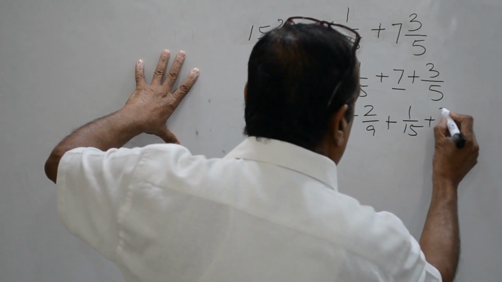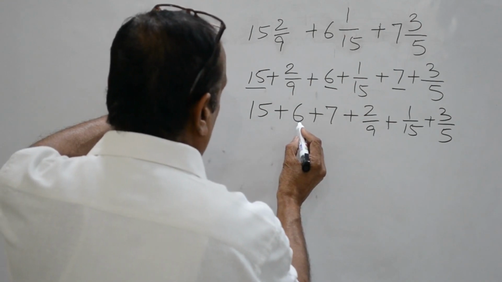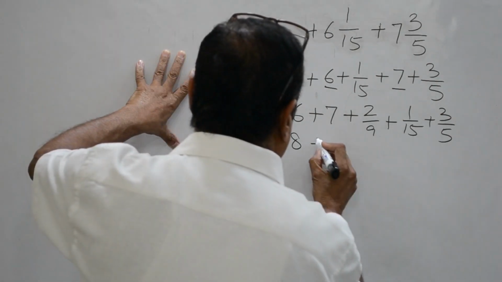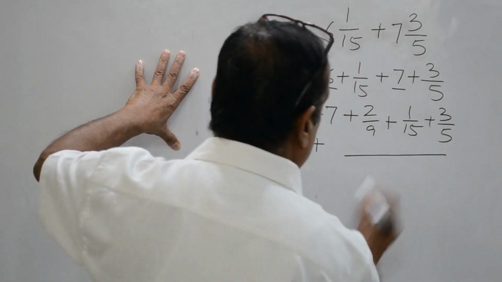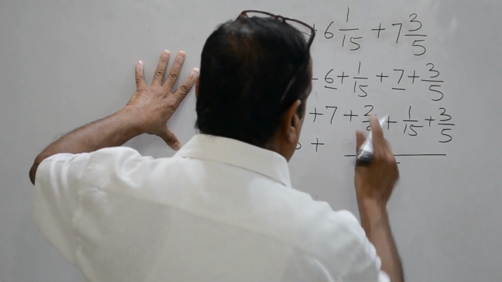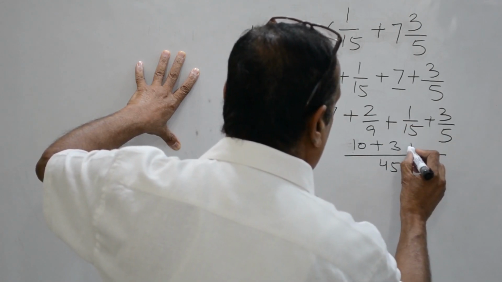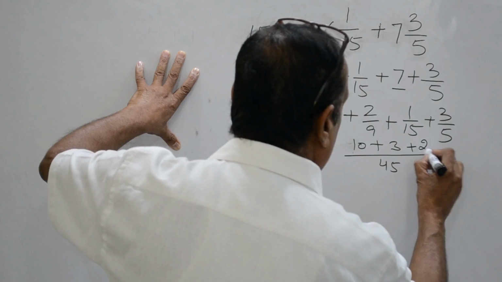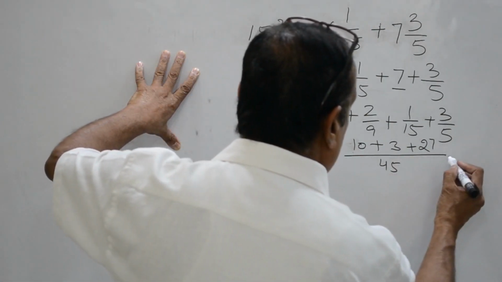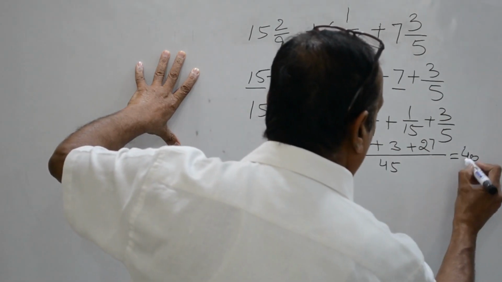So 15 and 6, 21 and 7, it is 28, plus this part becomes, LCM is 45, so it is 10, this is 3 and this is 27. So fractional part becomes 30 and 10, 40, 40 upon 45.